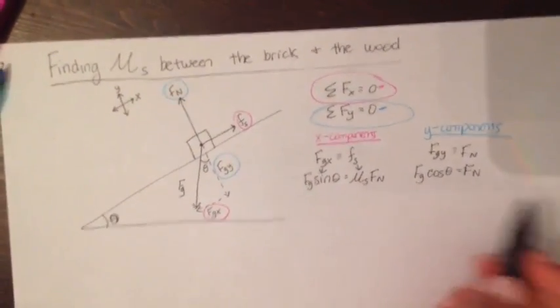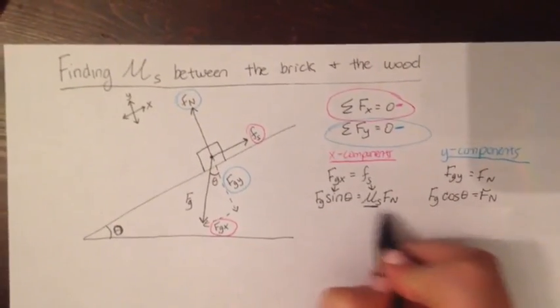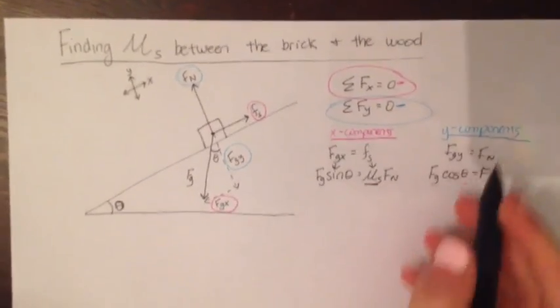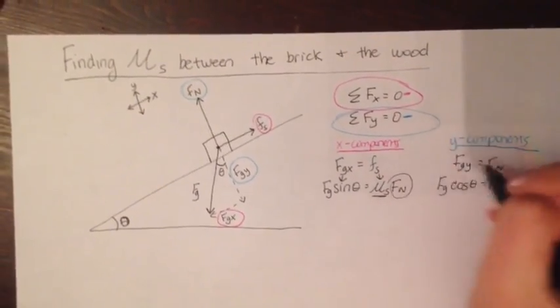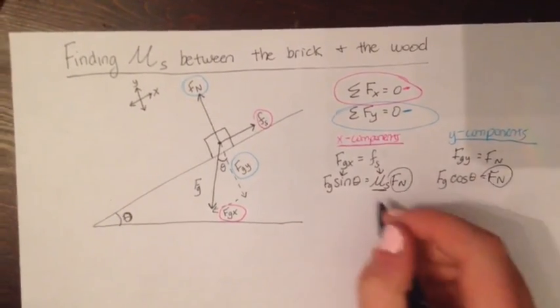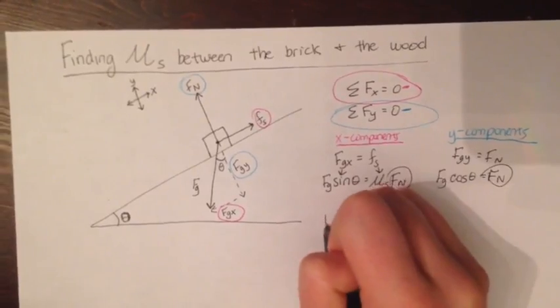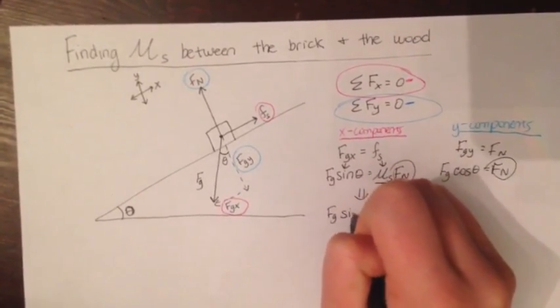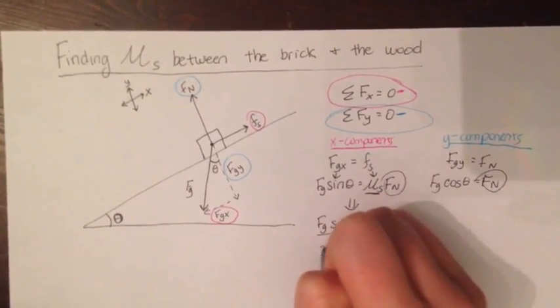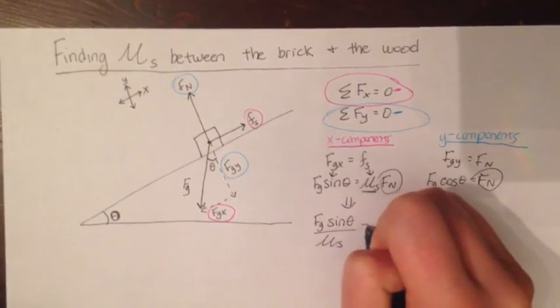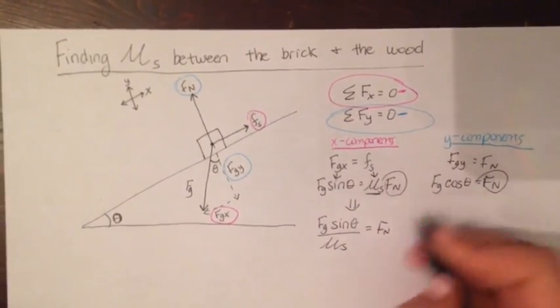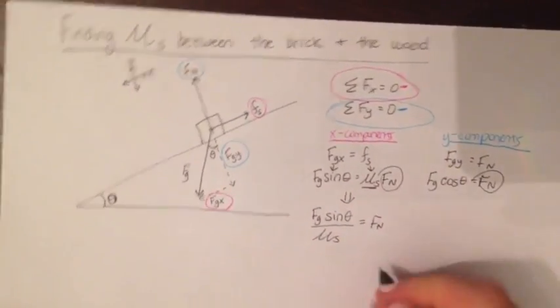So now let's use a system of equations to solve for the coefficient of static friction. So we have normal force right here and normal force right here. So now we can rearrange this equation to F_g sine theta over coefficient of static friction equals normal force. So now they're both set equal to normal force.